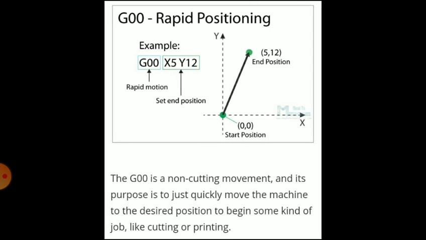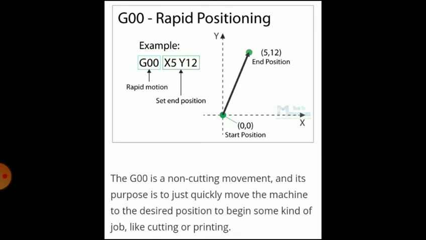So you can see here G00 rapid positioning, with the start point 0,0, the machine point, and the end point, the coordinates of the end position, given as 5 and 12. The G00 is a non-cutting movement, so no machining operation is carried out, you only move the tool from one point to another point, and its purpose is to quickly move the machine to the desired position to begin some kind of job like cutting or printing.